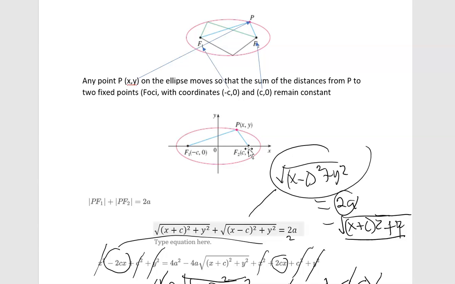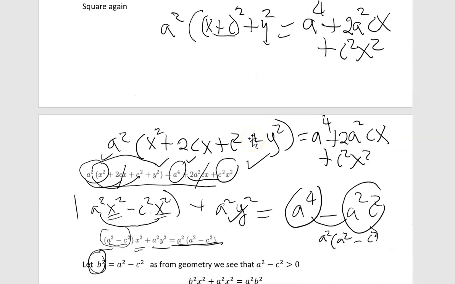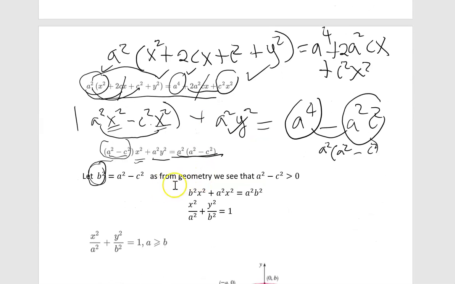So c has to be less than or equal to a, because 2c has to be less than or equal to 2a. The sum of these two is 2a. Remember, that's how we started, by putting the sum. So a is greater than c, right? And that means a squared minus c squared has to be positive.